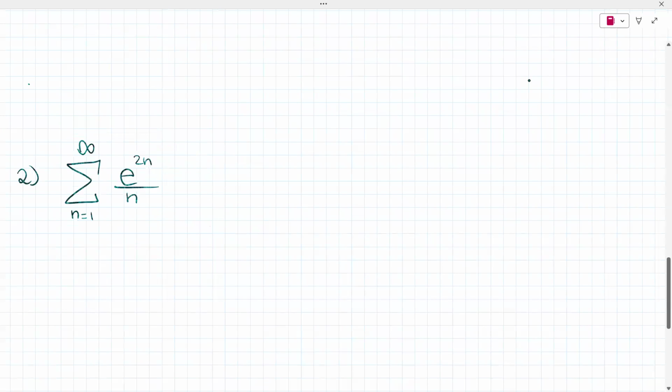Okay, let's look at example 2. We have the summation of n approaches 1 to infinity of e raised to the 2n over n. So we can try plugging in infinity, right?